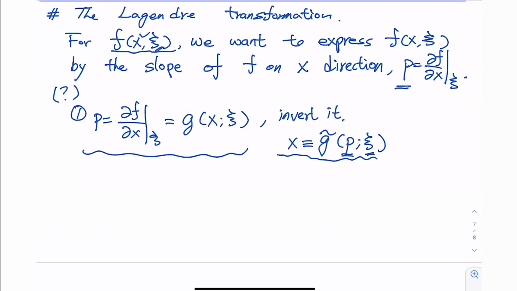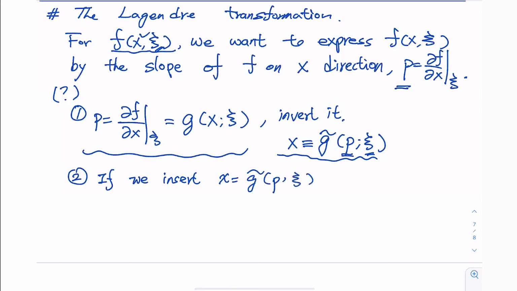So the strategy is simple. We insert it, and basically we'll have something that looks like this.